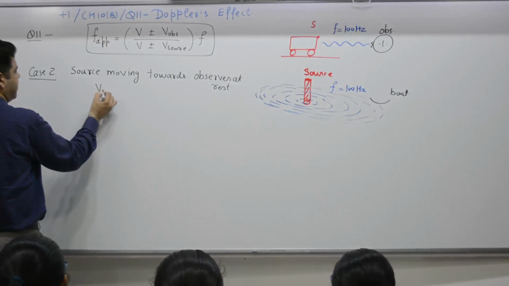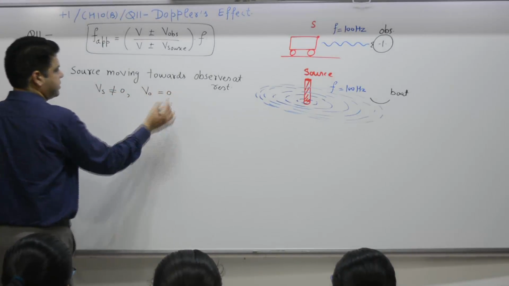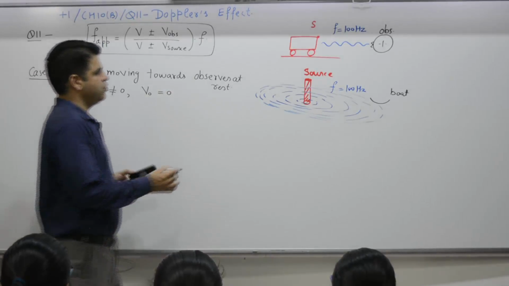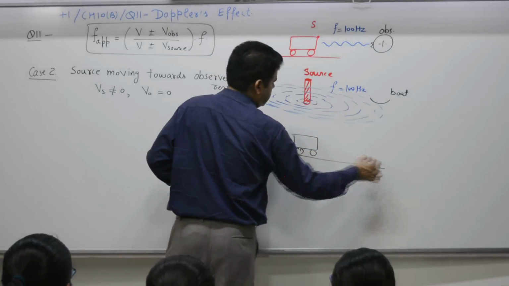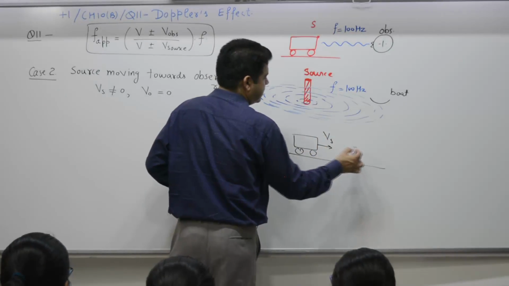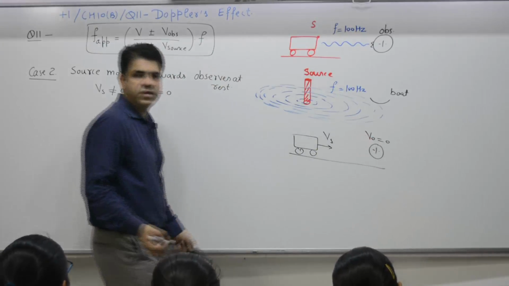Means what? Source speed is not 0. Observer speed is 0. Source is moving. The diagram is: source is moving with speed and observer is at rest. This is the diagram. What do you say?